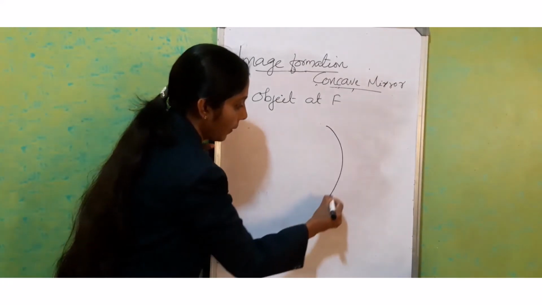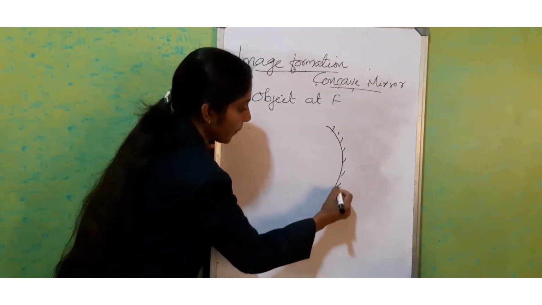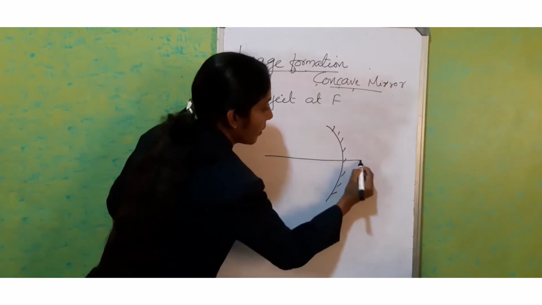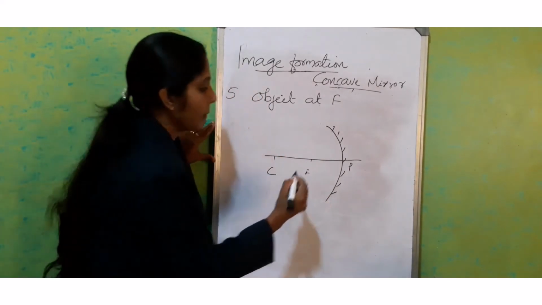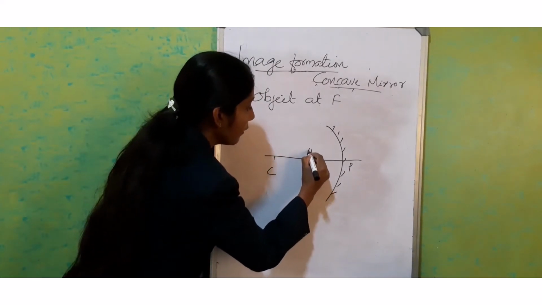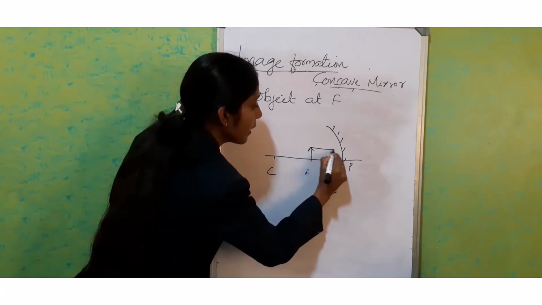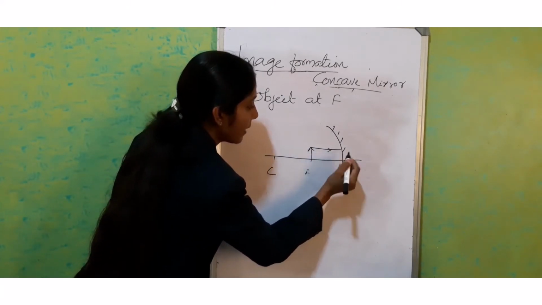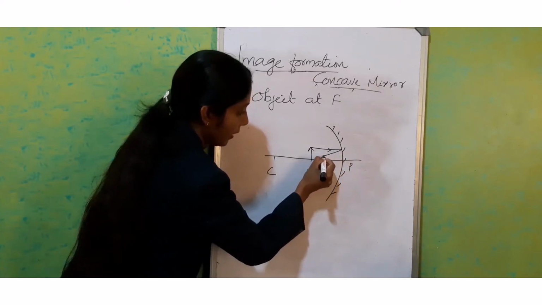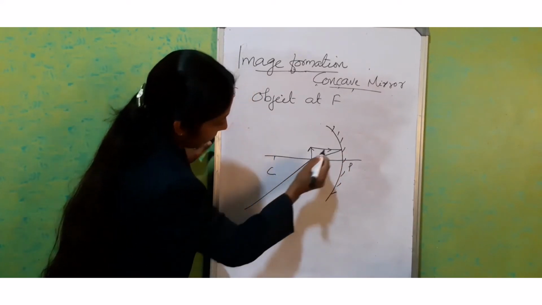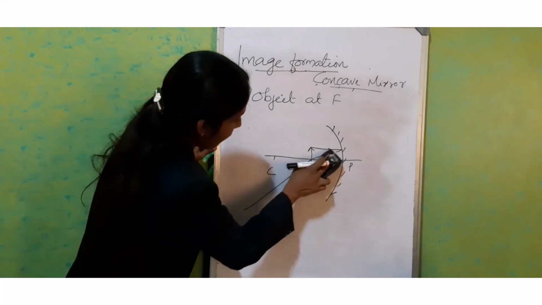So draw a concave mirror, mark P, F and C. I am keeping the object here at focus. So first ray parallel to the principal axis. After reflection, it has to pass through the focus.